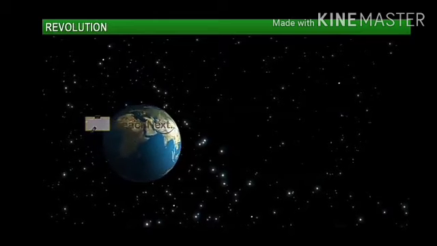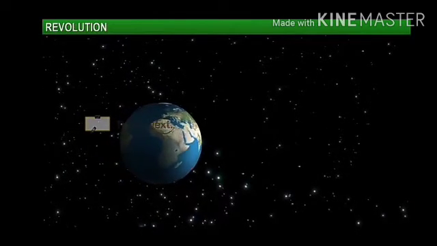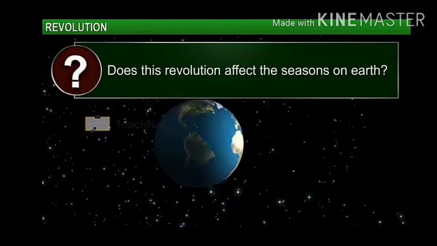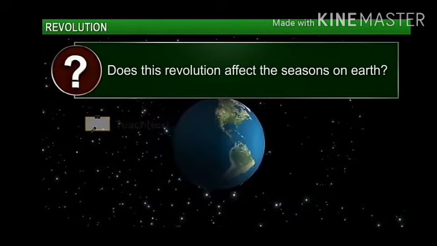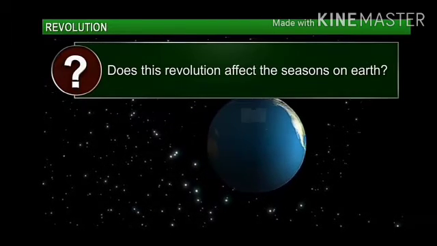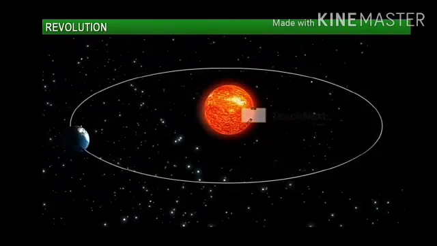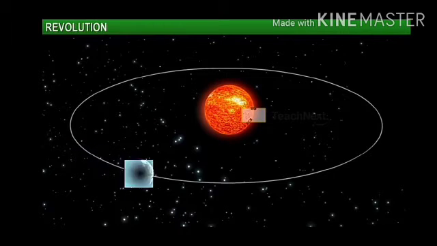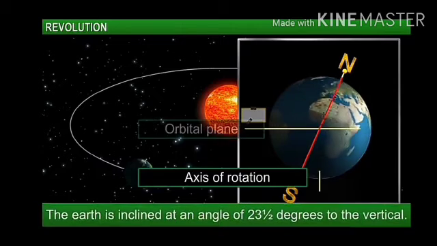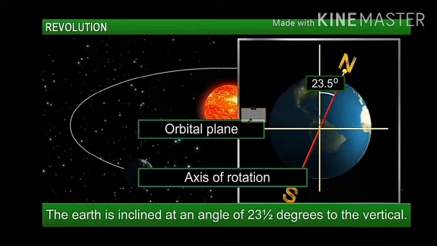So much for the number of days. But what about the seasons on our planet Earth? Does revolution affect the seasons too? It does, indeed. If you look carefully, the Earth is inclined in the same direction throughout its orbit.